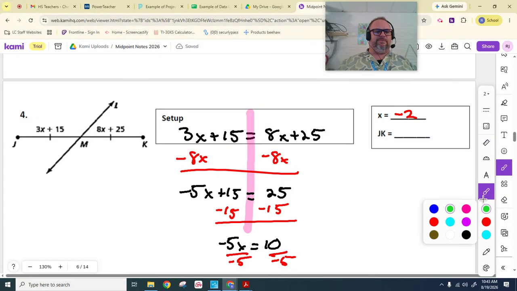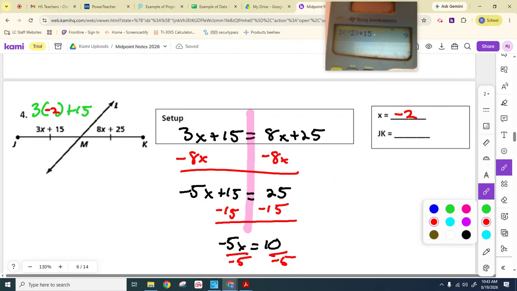All right, so I'm going to choose this one. I'm going to say that this is 3 plus 15. I'm going to put in my negative 2. Okay, so 3 parentheses negative 2 plus 15. All right, I plugged it in. I got 9.